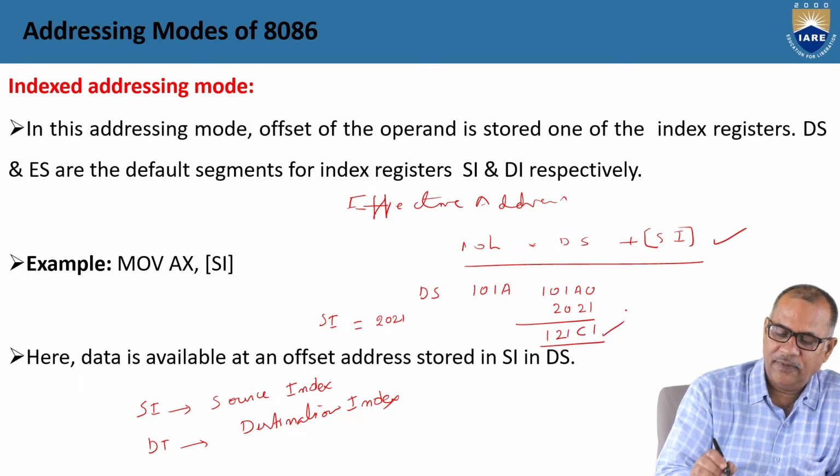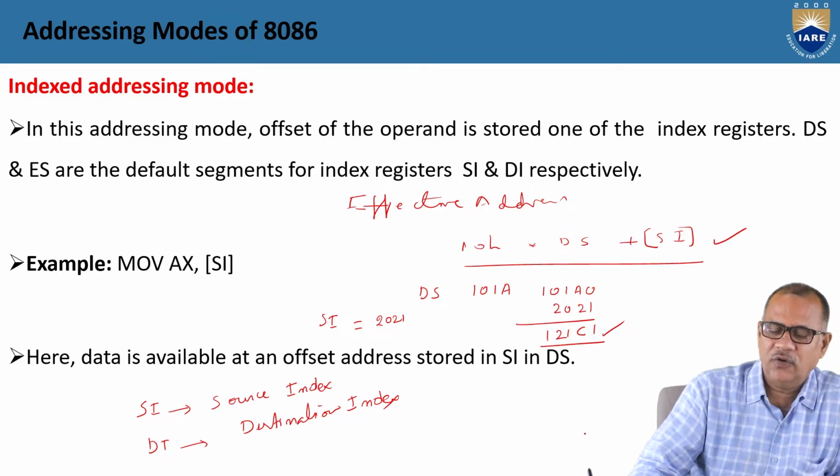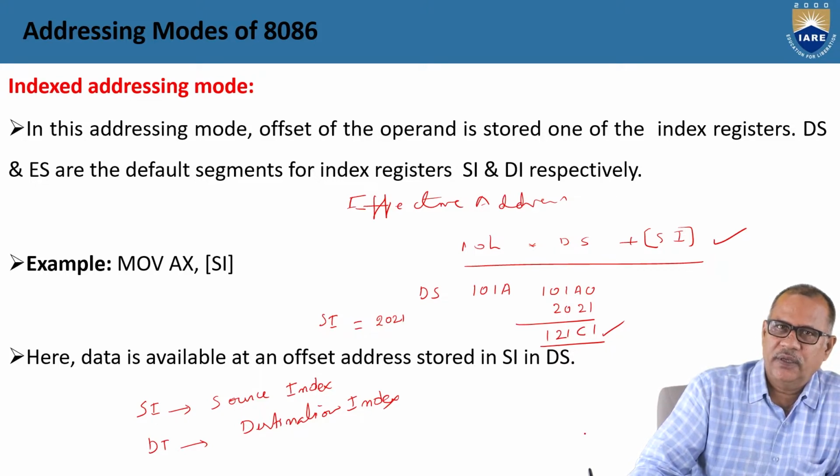The contents of this memory location, 121C1, are transferred to the AL register, and the next memory location, 121C2, is transferred to the AH register.